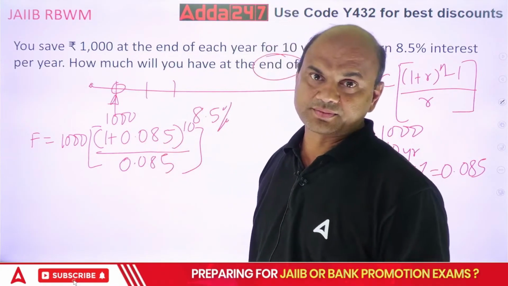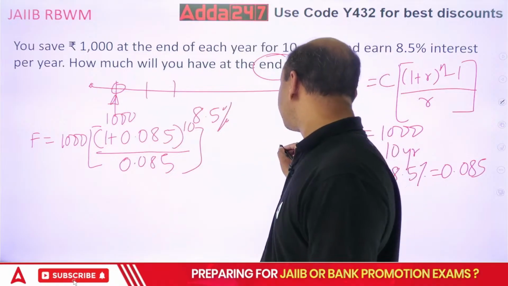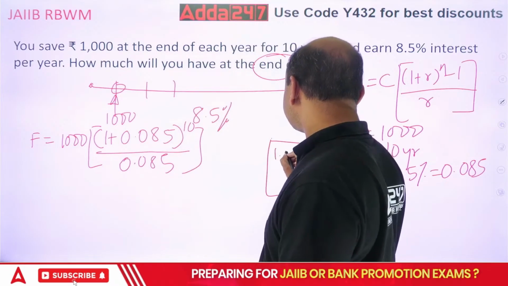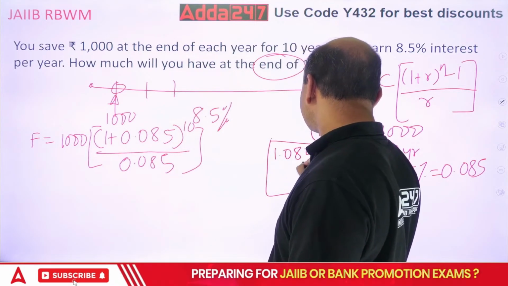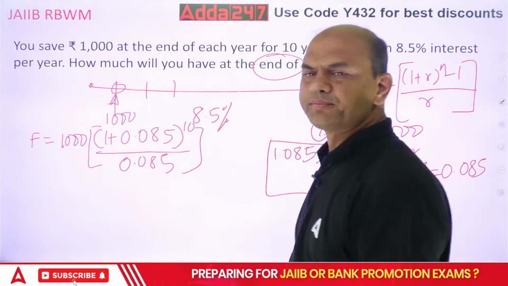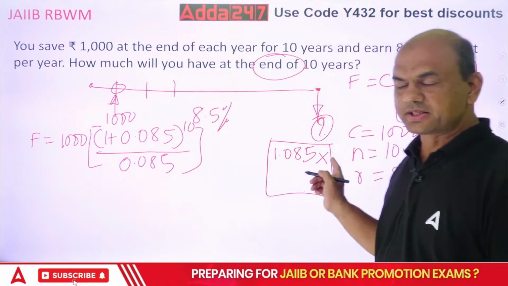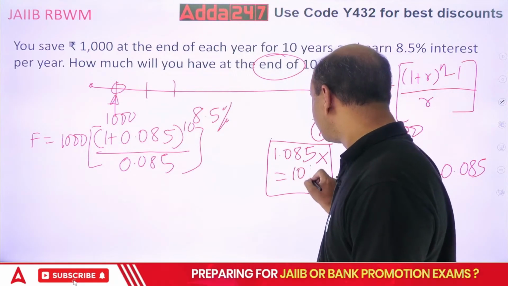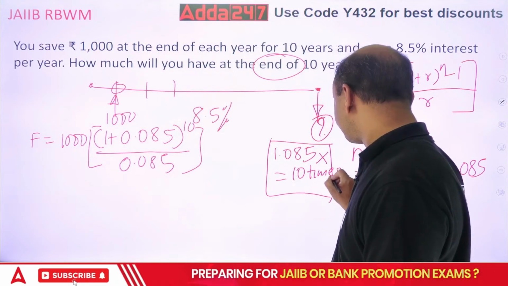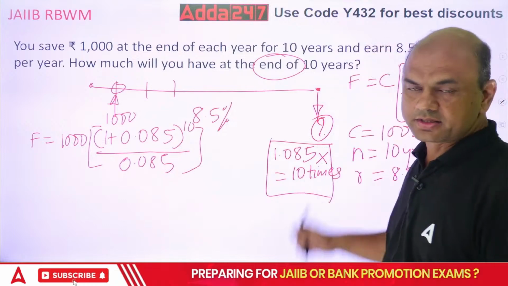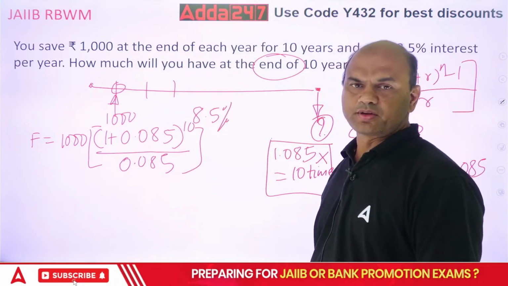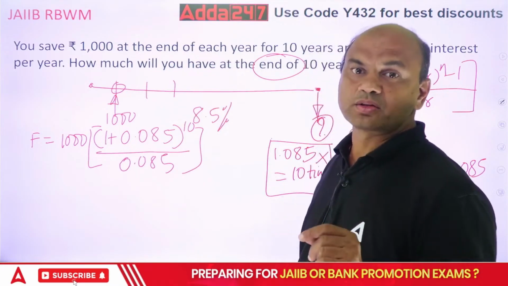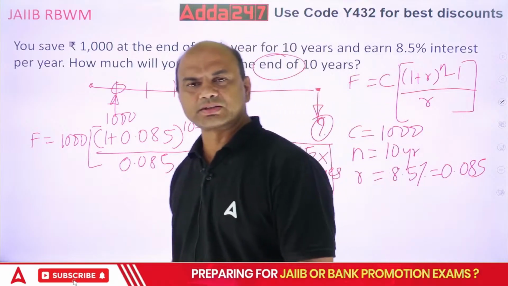How to do this? Take it like this. See, I'll put a square over here. So 1.085, then press multiply, then press equal to 10 times. Then you will get the right answer. Go on pressing it on that black calci or your normal commercial calci.